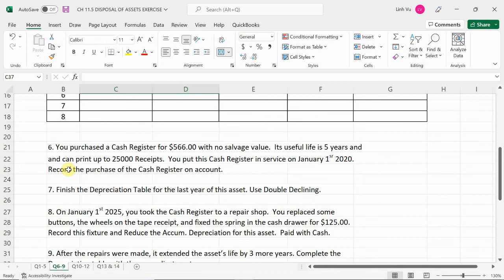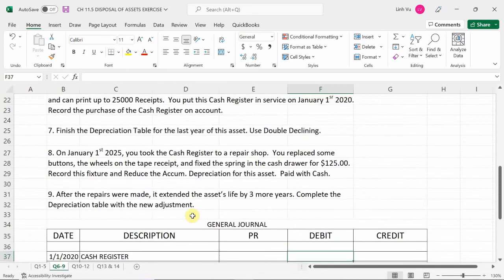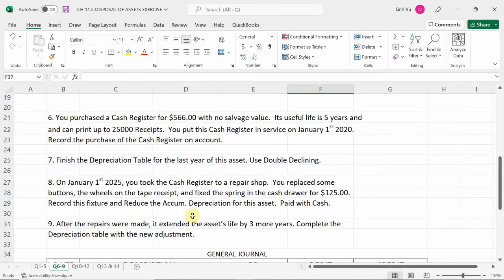So it would be the cash register. And you bought it on account. Was the account paid? Oh, okay, it was paid with cash. So it'd be accounts receivable.